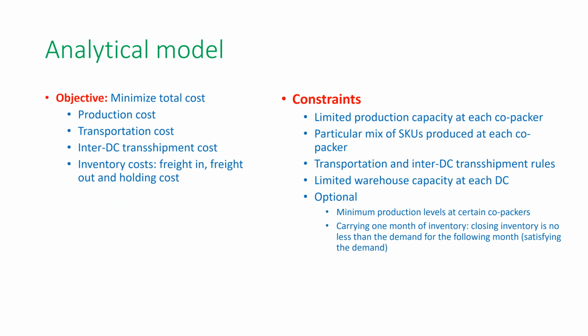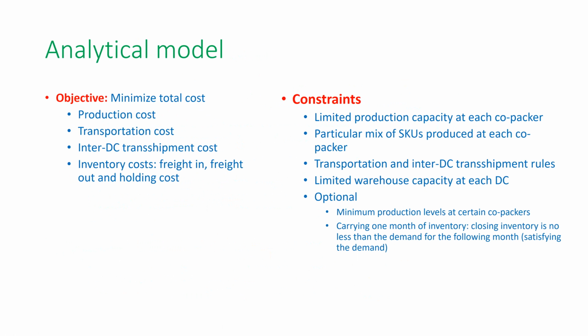You have limited production capacity at each production site. You can only produce certain types of products at certain sites, and there are rules with transportation, and distribution centers have their capacities. We also include some optional constraints in case the company wants to see the effects of it, such as, in order to get business, sometimes you have to guarantee minimum production levels at each production site.